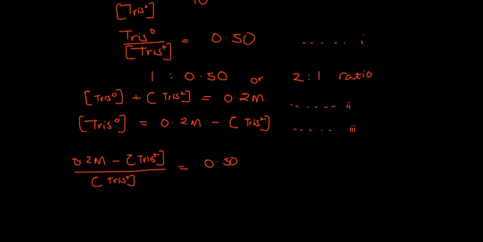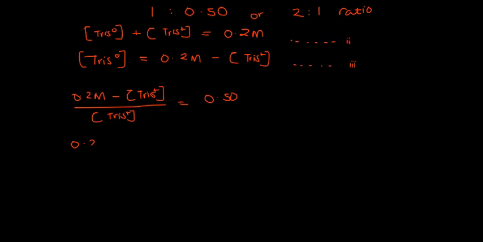So now we can work this out to get 0.2 molar minus the concentration of the Tris acid equal to 0.50 concentration of the Tris acid. We collect like terms.